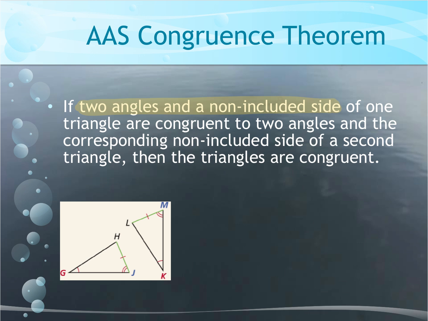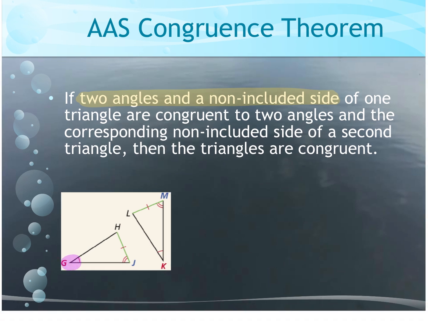Same thing as before, I have an angle, another angle, and then my non-included side. If I were to again write a congruency statement, I could write it as triangle HJG is congruent to triangle LMK.